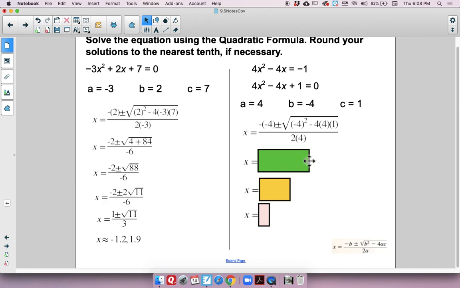Again, be super careful. Minus a negative there, and one negative multiplying all that together. So we have 16 minus 16. Ooh, we get 0 there. So how many solutions are we going to get here? Hopefully you said 1. Yep, just 1, because plus or minus 0 is the same thing.